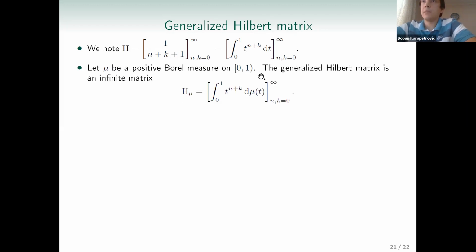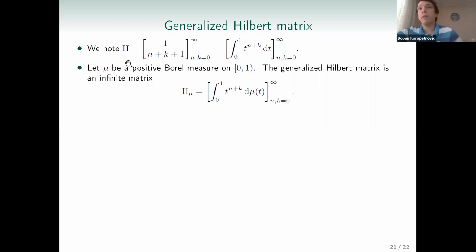Then the generalized Hilbert matrix H_mu is this infinite matrix, whose entries are given by these integrals from 0 to 1 of t to the n plus k with this measure mu. So if mu is the Lebesgue measure on this interval, we obtain the standard Hilbert matrix H.